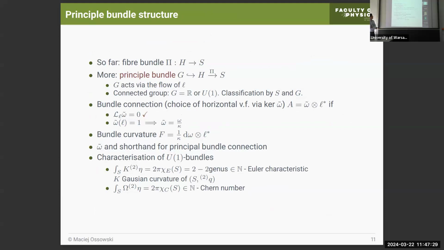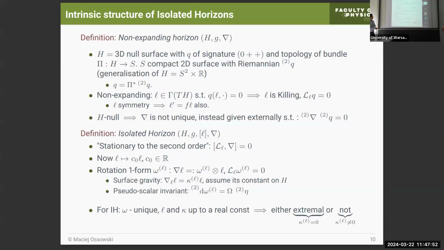You get it by integrating the Gaussian curvature over a slice of the base space. And the second one is the Chern number, which you get by integrating a local pullback of a bundle curvature, which can be expressed by this pseudo-scalar invariant omega.